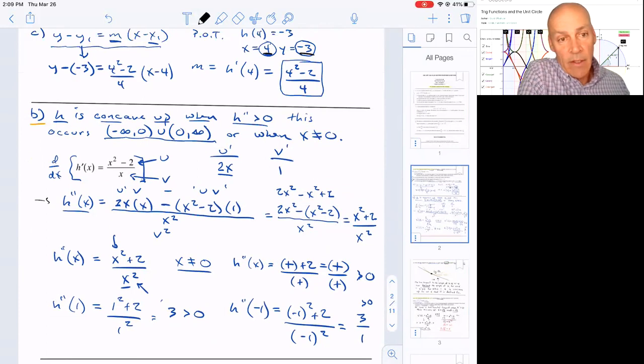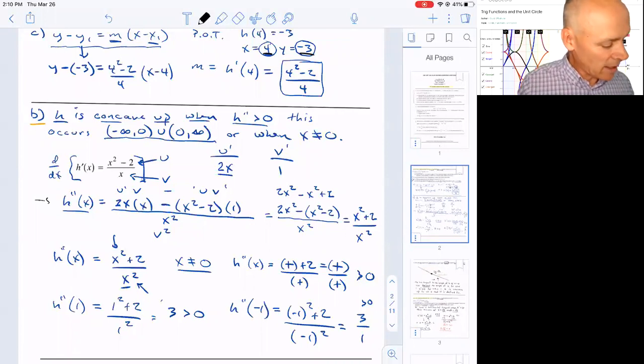But since I've got the second derivative, I'm just going to use it to see if my critical numbers, because those are really critical numbers of h that I just found, root 2 and negative root 2, lead to a local min or a local max.